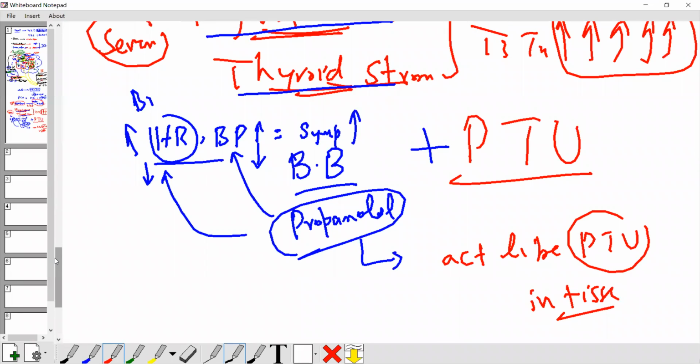But why here? There must be some reason. Propanolol is not just a beta blocker here. It also helps PTU to block the activation of the hormone.